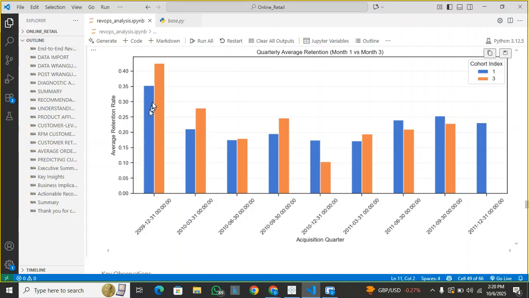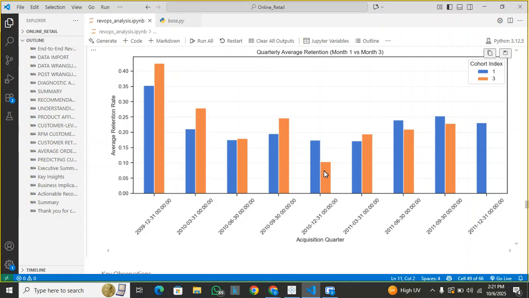So the retention rates show that in this first quarter there was a 35% average retention rate, but by the end of this particular quarter it went up. More customers were retained, and then in this quarter the retention rate fell to 22, and then it increased by the third month of this quarter, and so on.